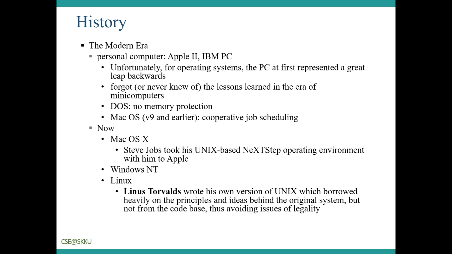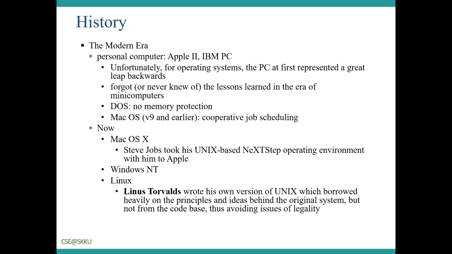After the minicomputer era came a new kind of machine, cheaper, faster, and made for everyone. That is called the personal computer, or PC. Thanks to early machines like the Apple II and IBM PC, PCs quickly took over the computing world.